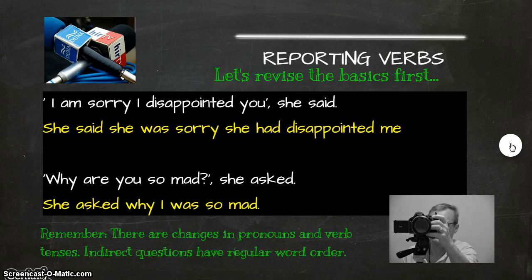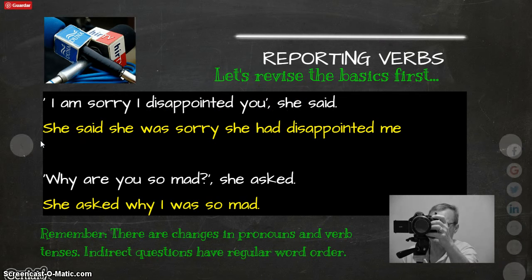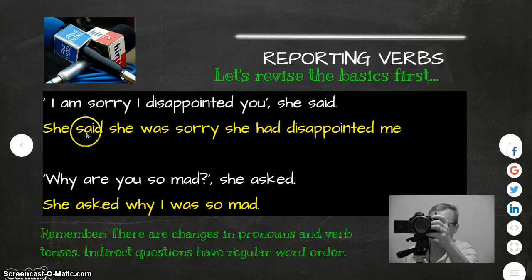So what you do is change the subject, change the tenses. So I am sorry I disappointed you, stated by her, becomes she said she was sorry she had disappointed me. Mind the changes in subject, in tenses, etc.